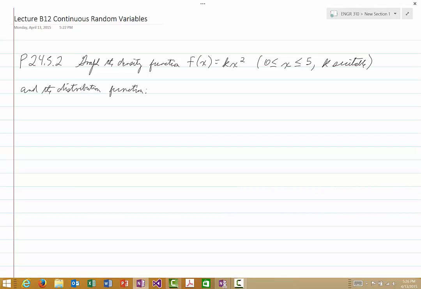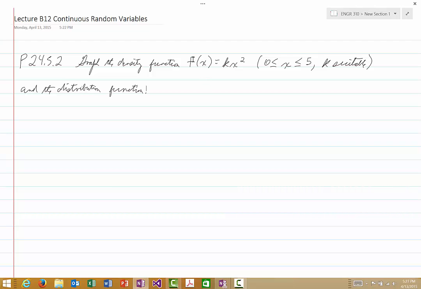So right away, even from the wording of this problem, we see one small difference between discrete random variables and continuous random variables, and that is that the function little f of x here has a different name. Remember that when we talk about discrete random variables, little f is called the probability function, and for continuous random variables it is called the density function. And the difference is as follows.